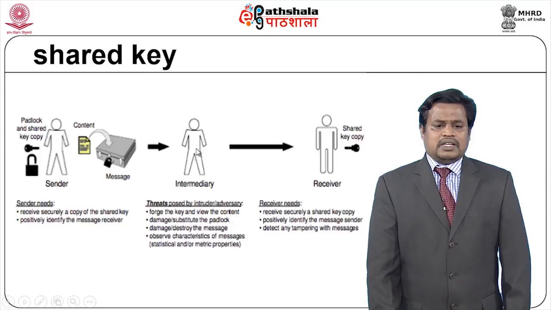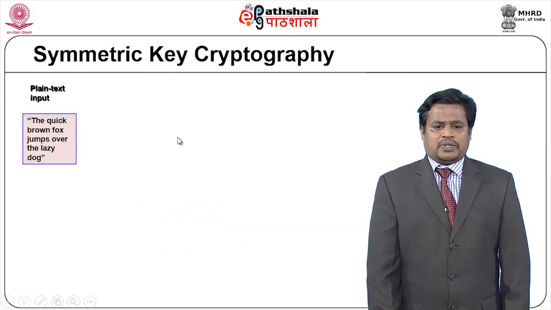An active attacker will forge the key and view the content, substitute the padlock, and damage and destroy the message. A passive attacker observes the characteristics of the message. So you want to monitor what is happening between the sender and the receiver. This situation happens each and every time where we need to ensure security.